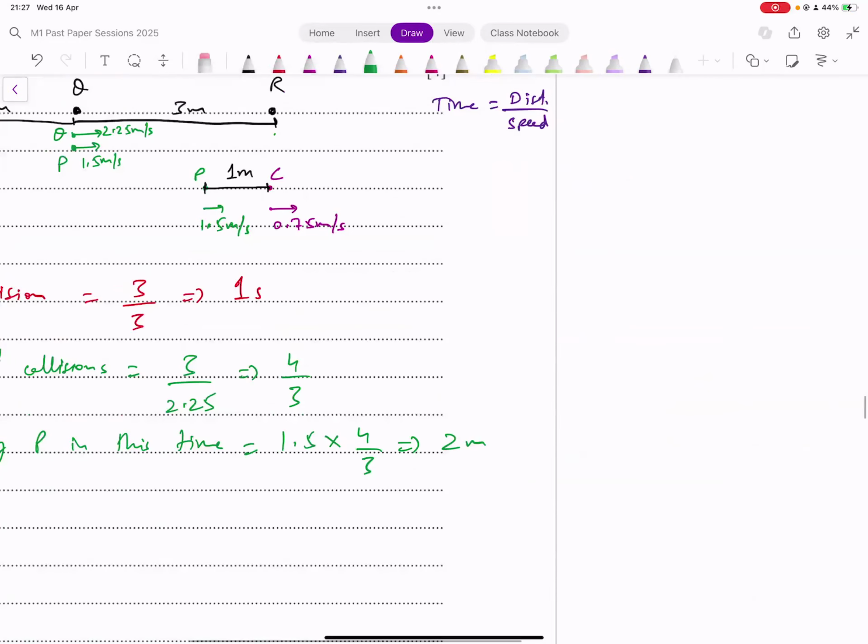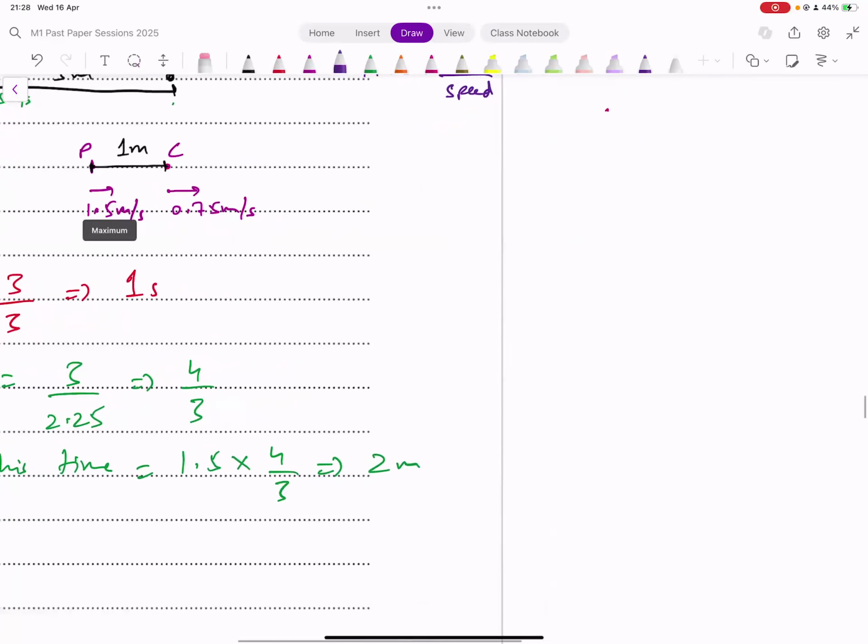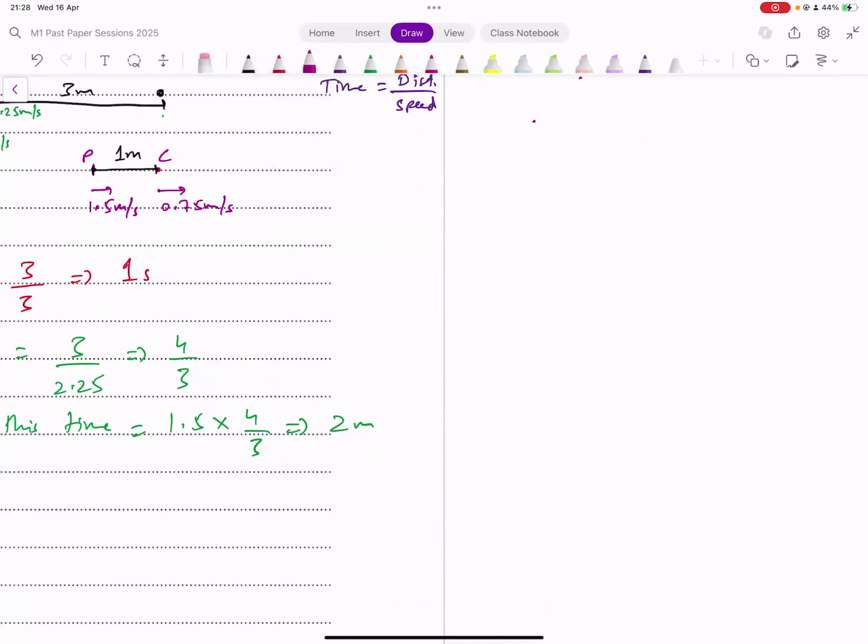let me use a different color for this, because this is the last part of the journey. I represent it in a different color. Okay, so P is now moving at 1.5 meters per second. So every second, what happens is P moves to the right by 1.5 meters.